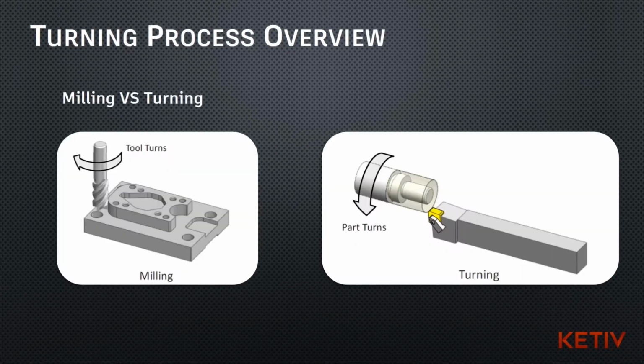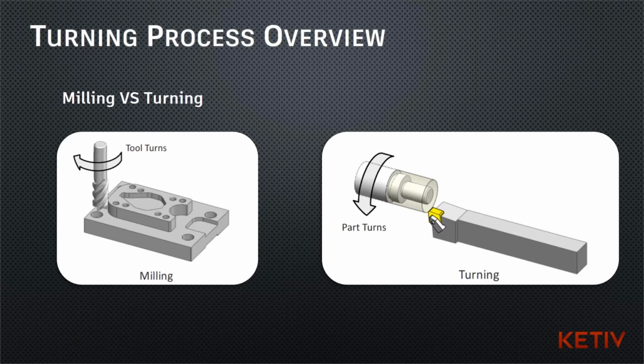So like I mentioned, a lot of you may be familiar with milling. Your typical milling is over here on your left. You have some tool that rotates about the Z-axis, though sometimes it changes depending on if you're doing vertical or horizontal milling. In this case, it is rotating about the Z, and you have a stationary part, and the tool is the one doing the rotating and cutting.